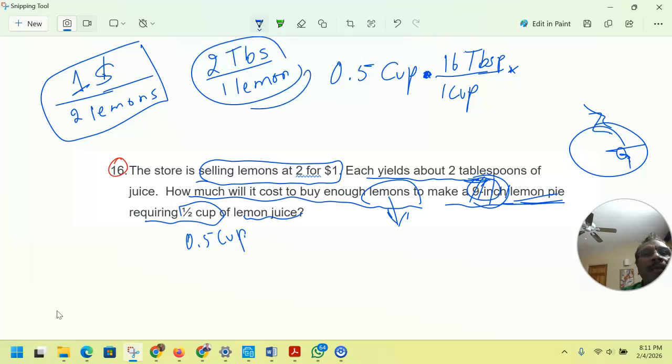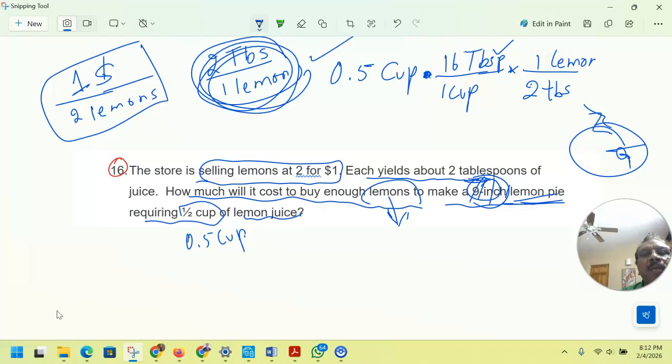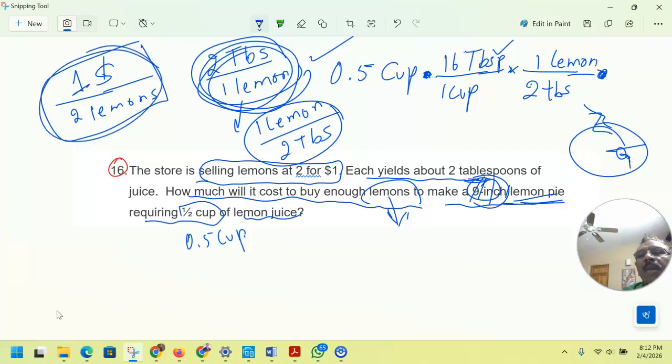But then if you see here, tablespoon is already up there, so I'll be using 2 tablespoons is one lemon. So I'm using this, only I'm writing one lemon divided by 2 tablespoons. Okay. And then after that, we have to change lemon to dollars. So we have $1 is 2 lemons.